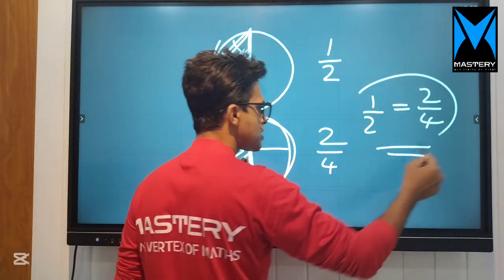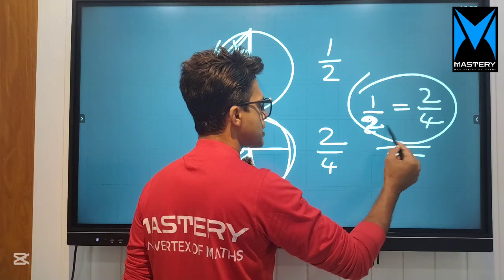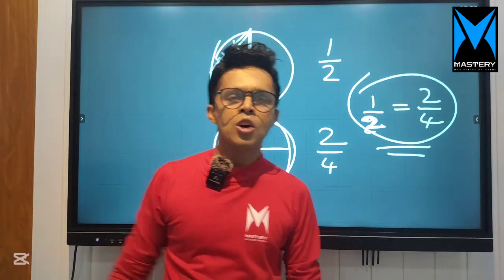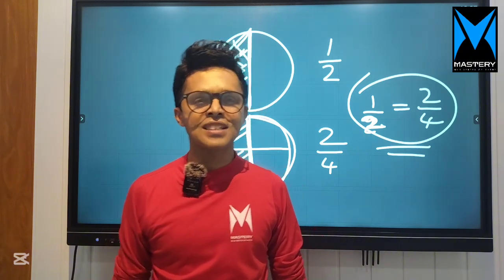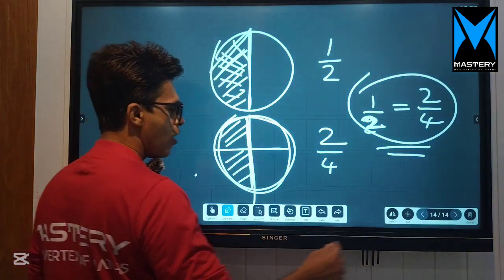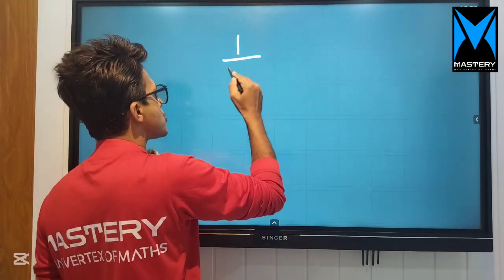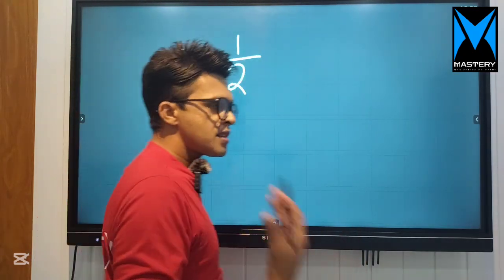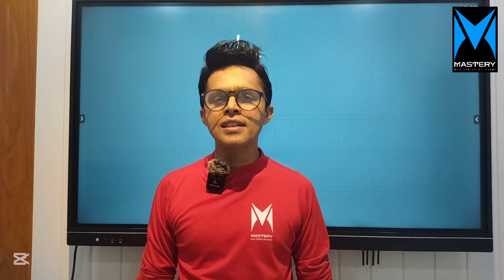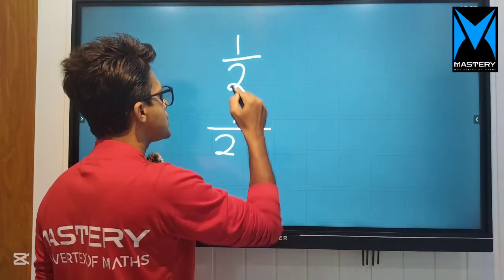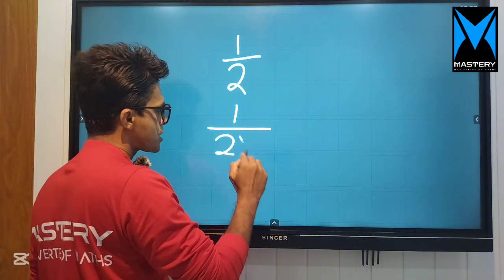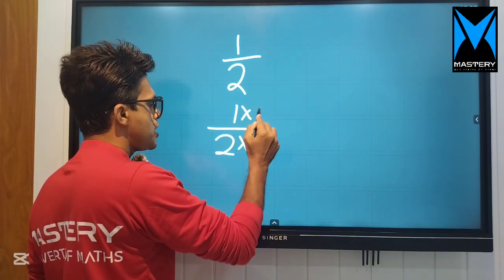These fractions are equivalent fractions, which means equal fractions. So how can you find them? Starting from half, to get 4 in the denominator, we multiply both the denominator and the numerator by 2.